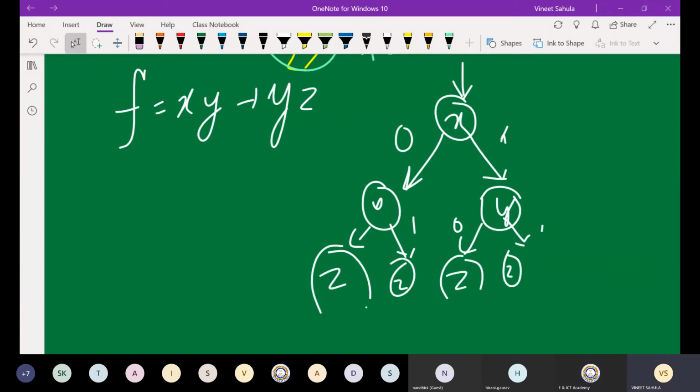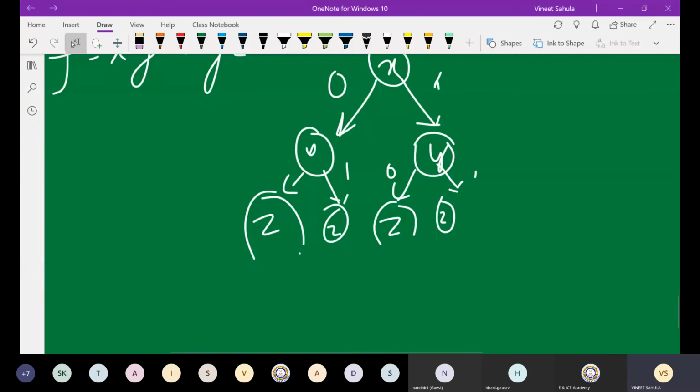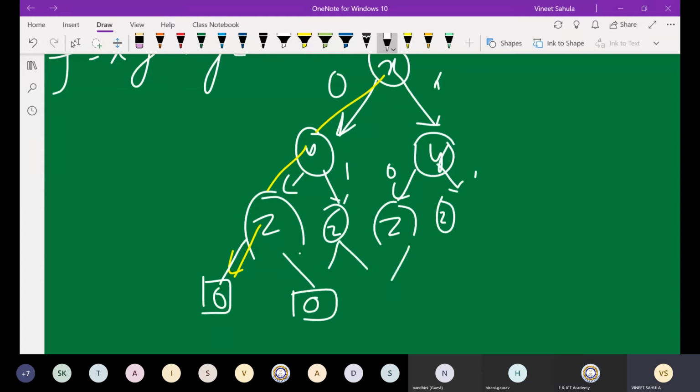Now the point is, if we take decisions on variables, what is it that we are going to achieve in the last? If x is 0, suppose this part. If x is 0, y is 0 and z is 0, what is the value of the function? The function value should be 0. I must find the decision here, whether the function is 0 or what. In such a way, how many leaf vertices?